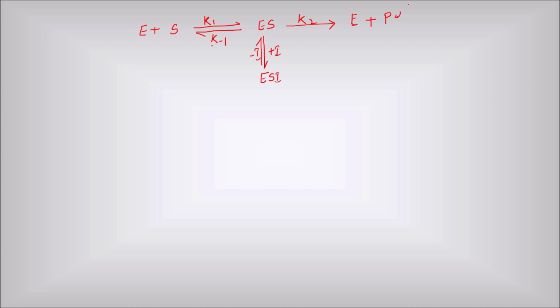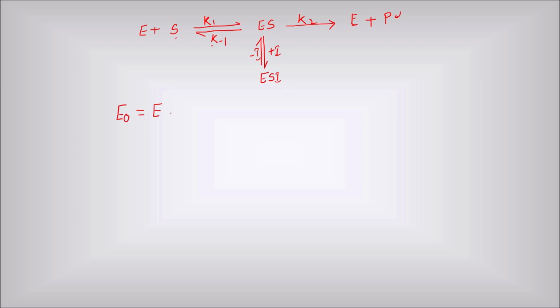If you remember the derivation of the Michaelis-Menten equation, we took the total enzyme concentration at any time. Suppose E naught is the total enzyme concentration at any time, then what will it be? Some of the enzyme will be free, not bound to either the substrate or the inhibitor.